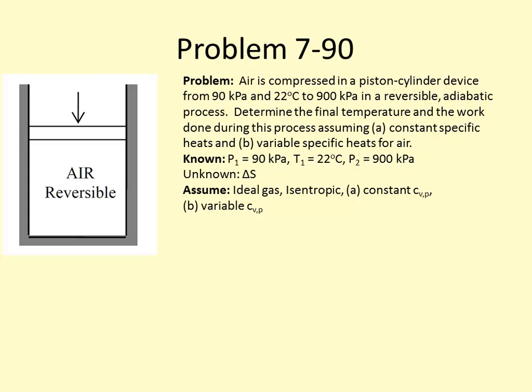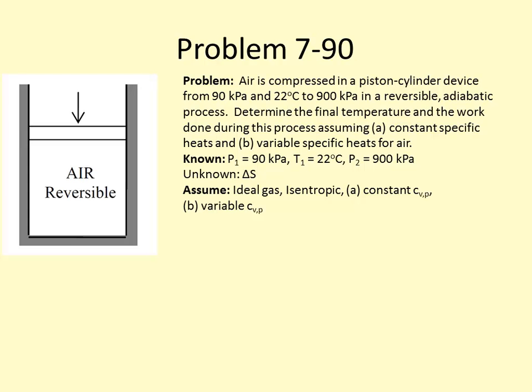Isentropic, so it's constant entropy. Determine the final temperature and the work done during the process, first assuming constant specific heat, and second, using variable specific heat for air. Okay, so this is an ideal gas. We have certain tools available to us that we don't for any other process and type of working fluid. So we can't do this for solids and liquids, but for an ideal gas we can.